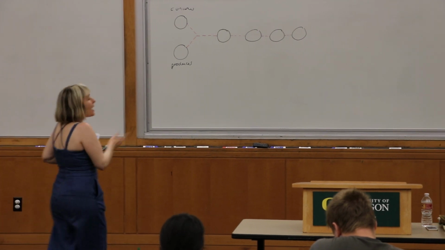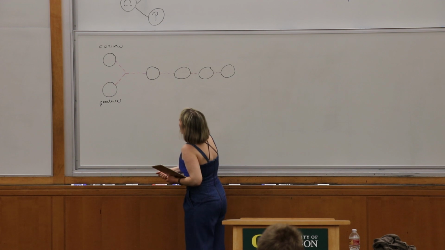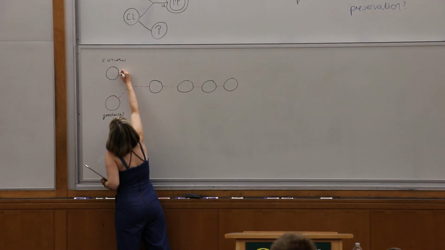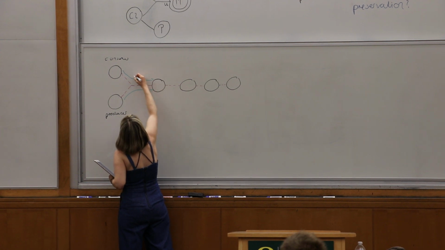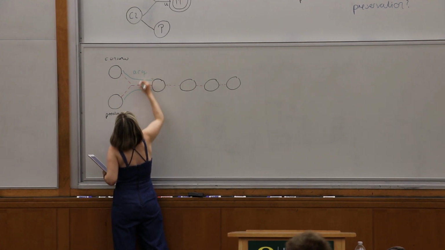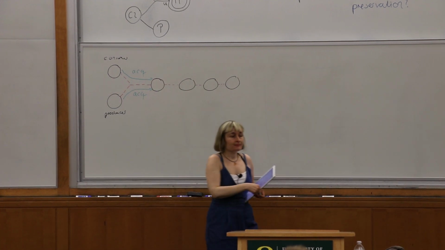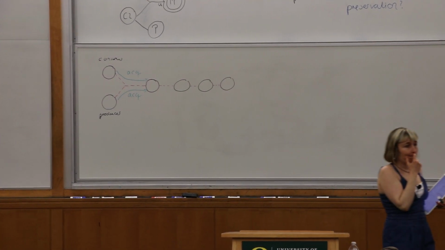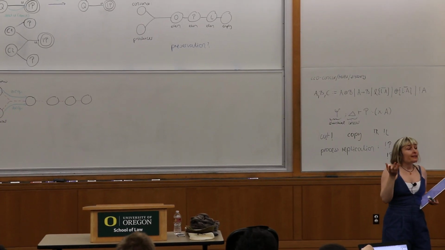All right. Another thing I want to point out is the following. What happens if both the consumer and the producer try to acquire the queue at the same time? Well, just one will get it, right?